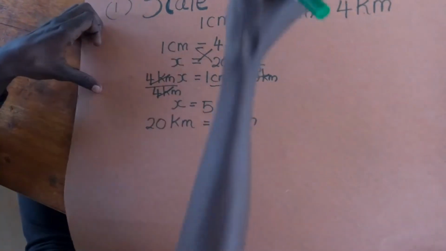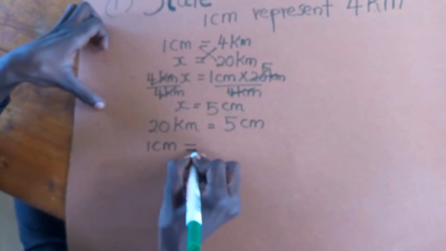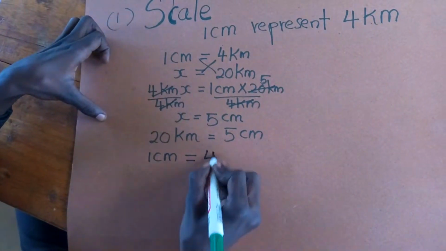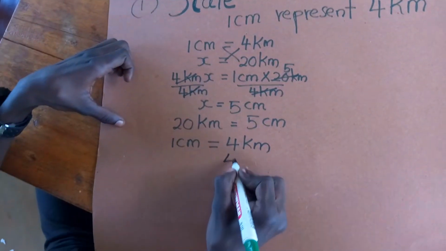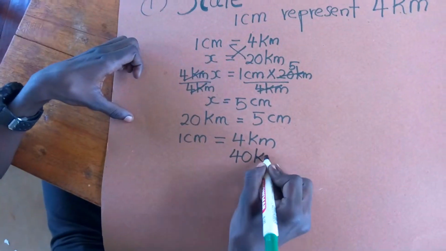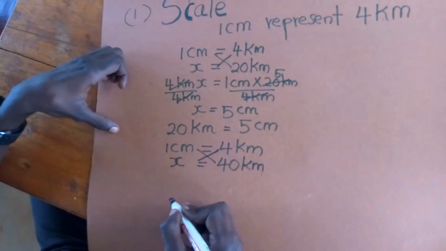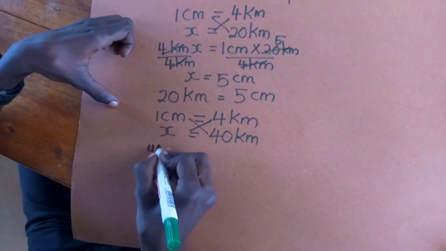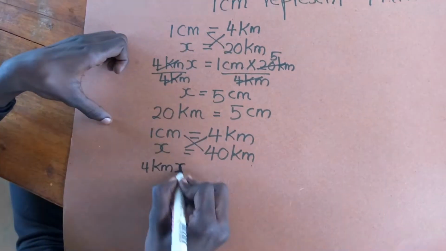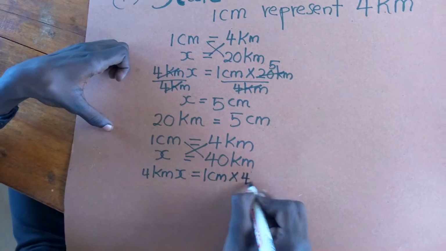Also, using the scale, 1 centimeter is equal to 4 kilometers. What about 40 kilometers is equal to x? Cross multiplication. So 4 kilometers times x is equal to 1 centimeter times 40 kilometers.